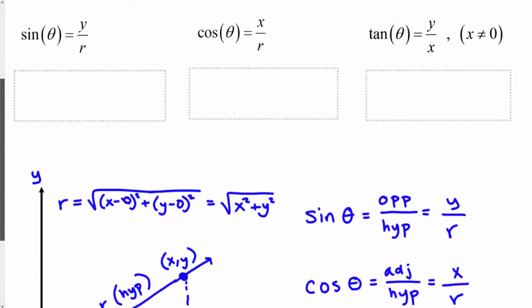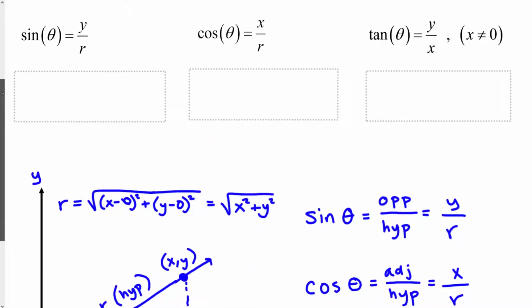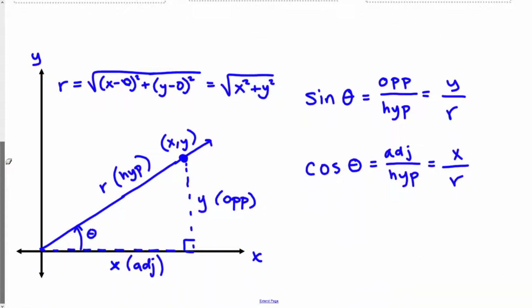Exactly what we stated right there. And then finally, tangent is, from SOHCAHTOA, opposite over adjacent, that is y over x. Exactly what's stated up here.